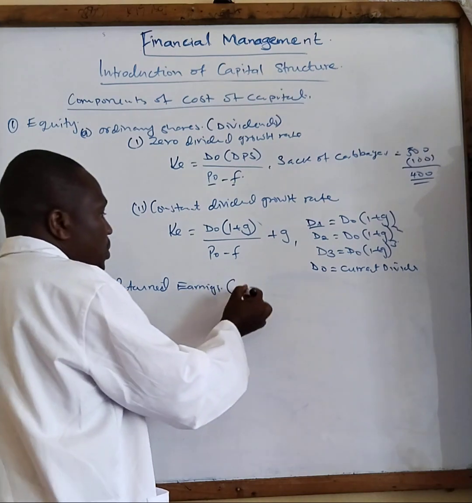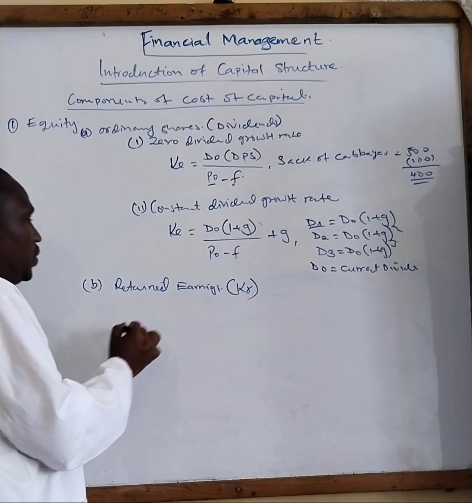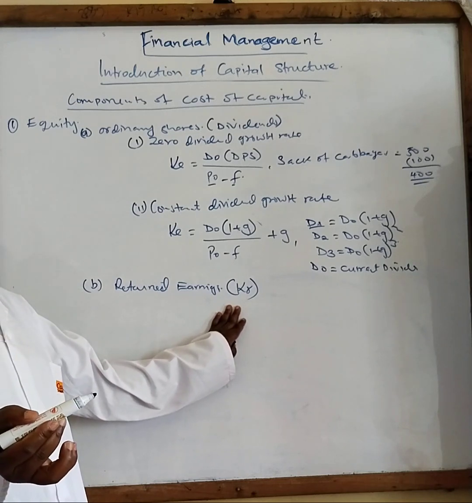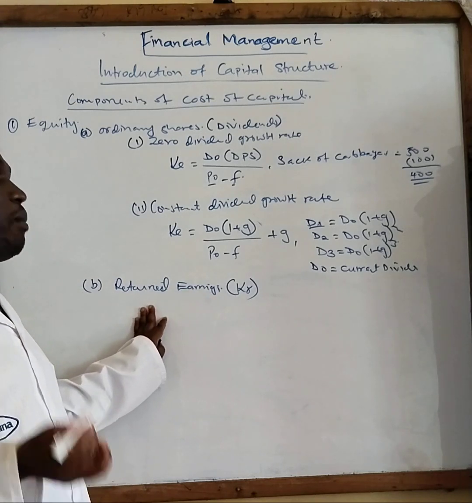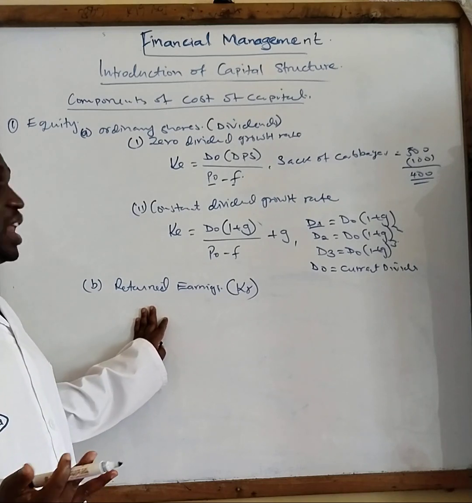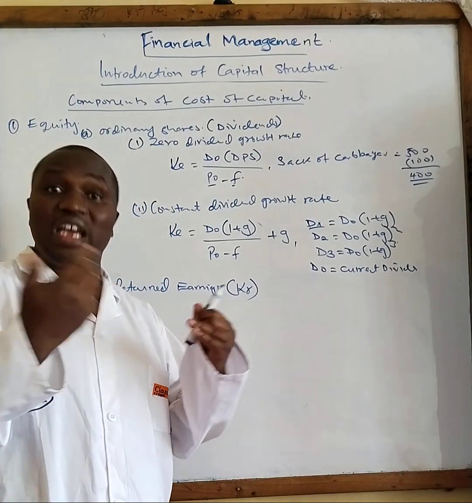In this case, you can represent it as KR, cost of retained earnings. This cost of retained earnings might also be increasing every year, correct? But because this is your money, what you have already, there will be no additional cost. It's like the money you have in your pocket. The money you have in your pocket does not attract any cost.